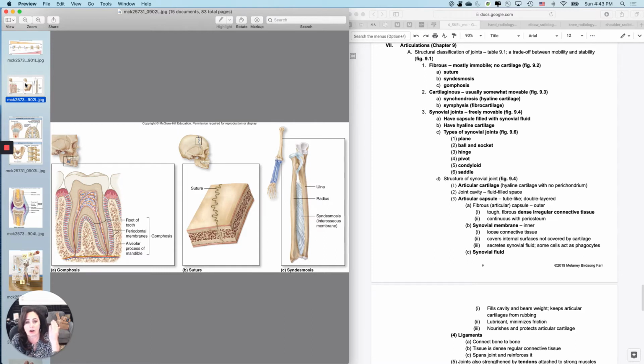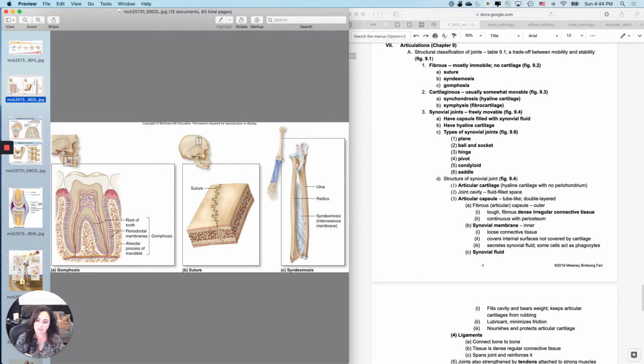So as far as categories of these, a suture is a good example of a fibrous joint. And then there are some others that you may not think of as joints. There's also a gomphosis, which is the joint that attaches your teeth, which are bony, not bone exactly, to the alveoli of your maxilla and mandible. And it's just got these little periodontal ligaments that are holding them in.